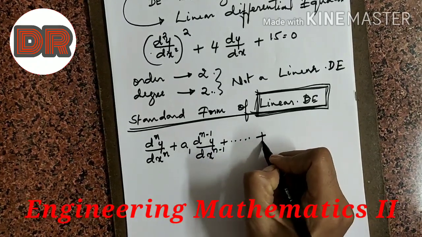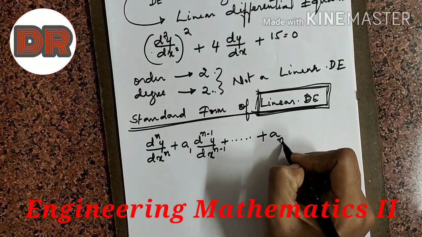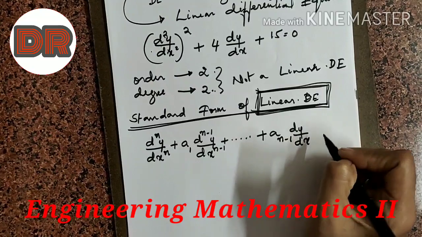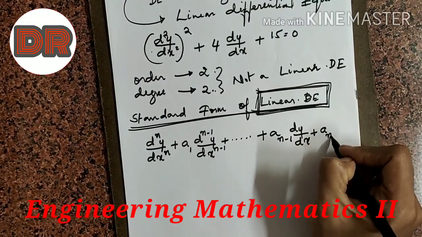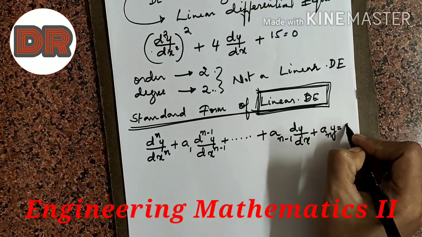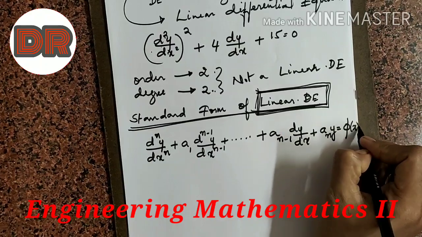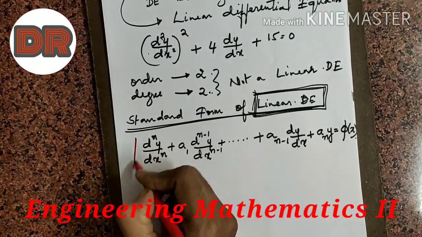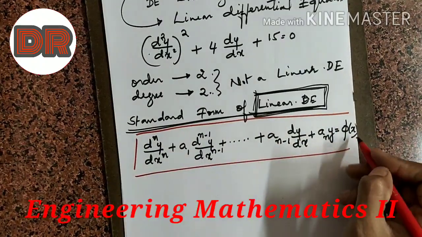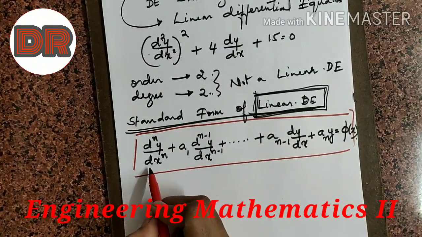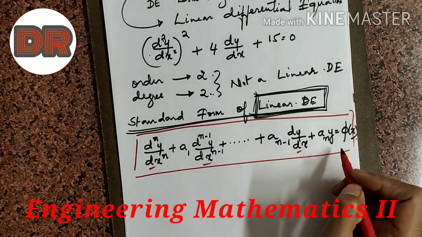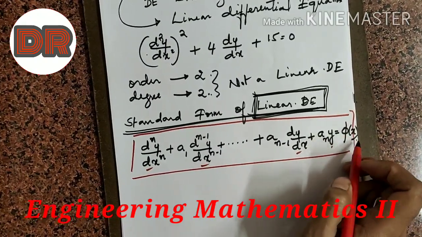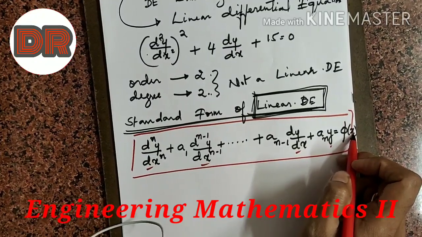I'll write the last few terms: a(n-1) dy by dx plus an y is equal to phi of x. So this is the standard form of a differential equation. These are the differential terms, this is the dependent variable, and this is the independent variable, that is x.